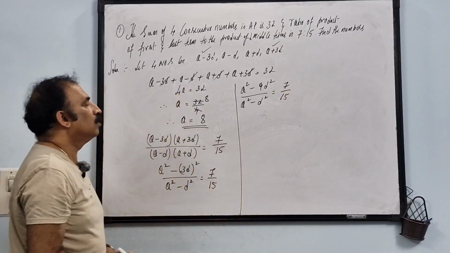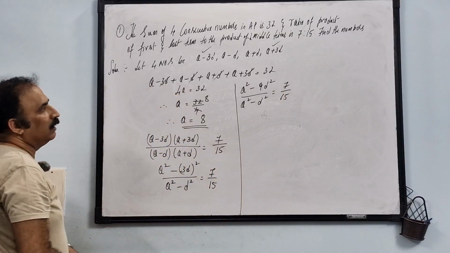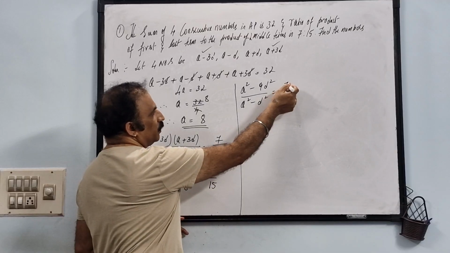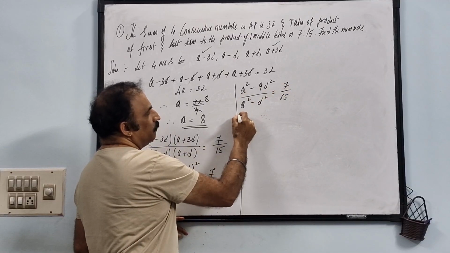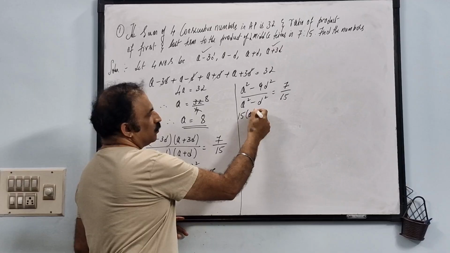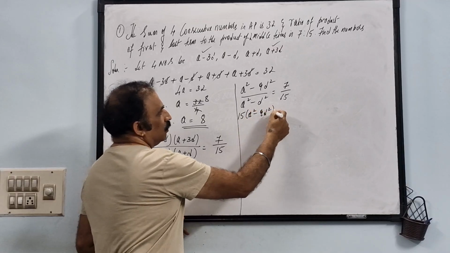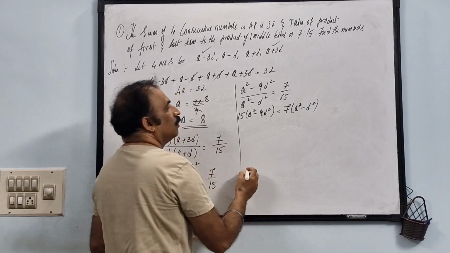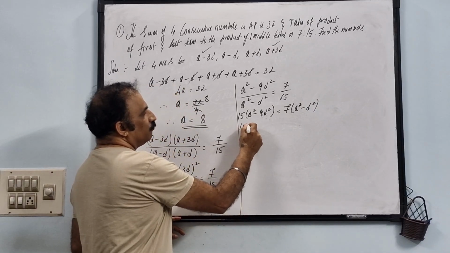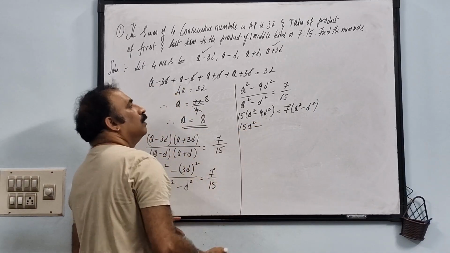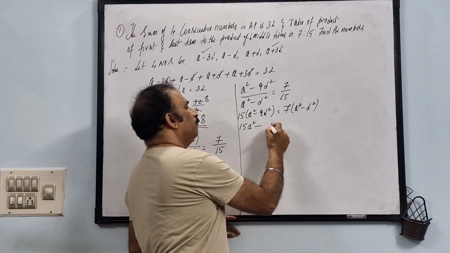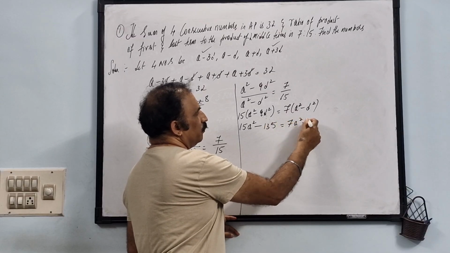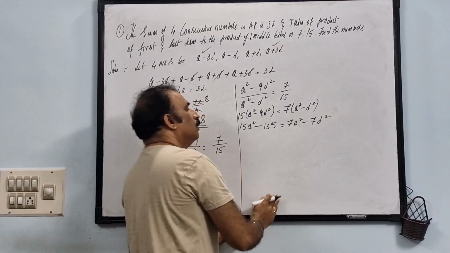Now the next part is that you can substitute the value and find out D, or you can cross multiply and then find out. Cross multiplication: 15 into A square minus 9D square is equal to 7 into A square minus D square. When you multiply it, it is 15A square, 15 nines are 135, so minus 135D square, equal to 7A square minus 7D square.